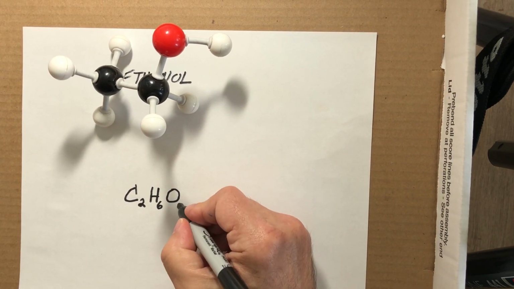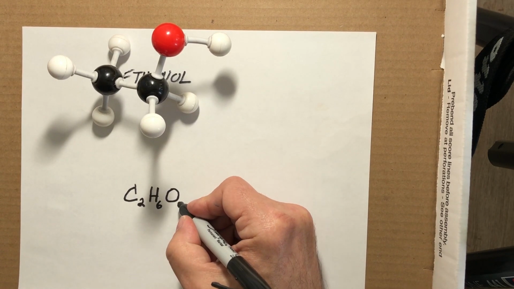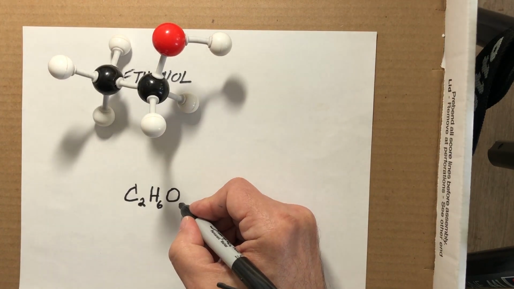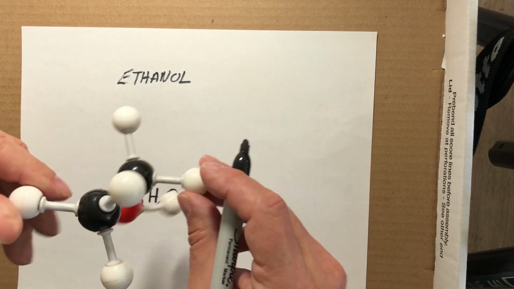Just like in math, we don't really usually write a 1 down there. It's just assumed that there's 1 if there's no other number. So C2H6O is in fact the chemical formula for ethanol, and it tells us exactly what's in it.